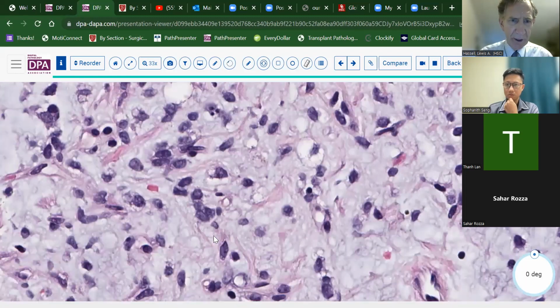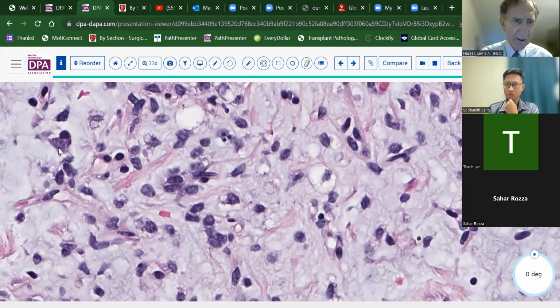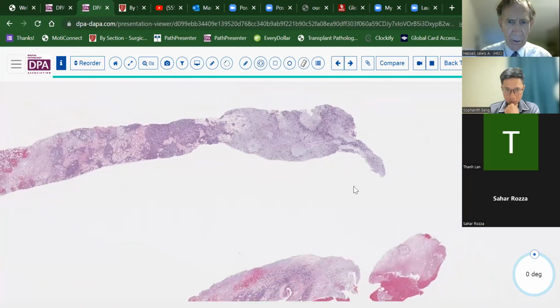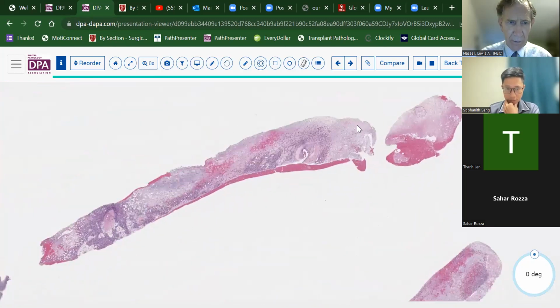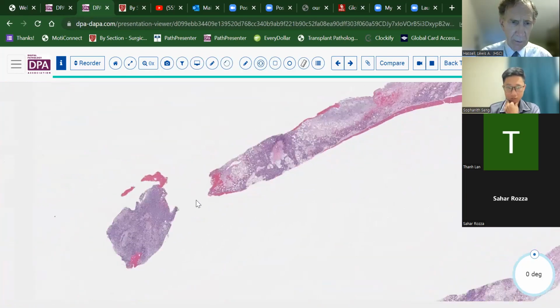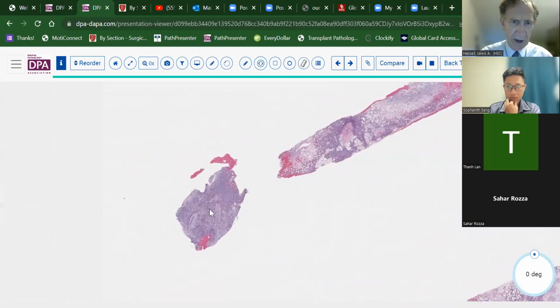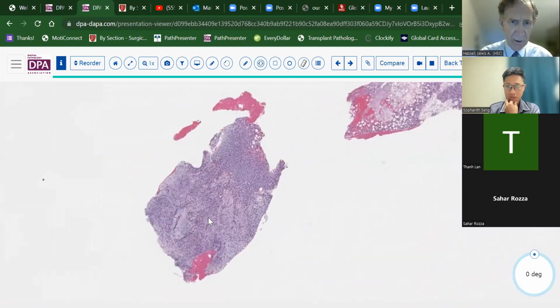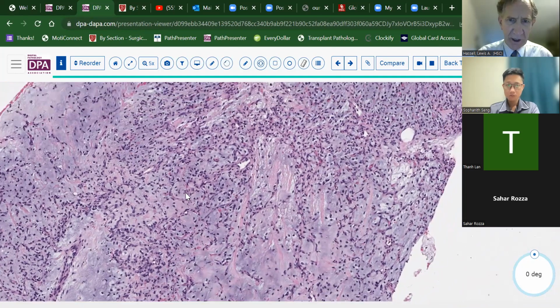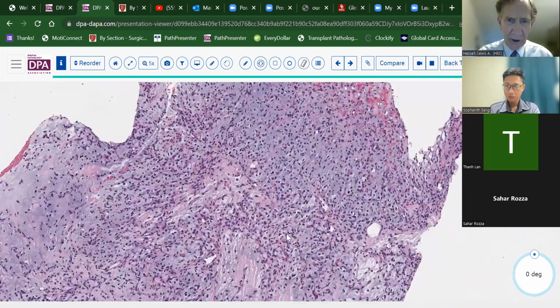And here we can see that the nuclei are variable in size, quite large nuclei. We'll look at this more cellular fragment down here. Well, actually, this looks more cellular because it's more myxoid. So there's a very delicate vascular background here.